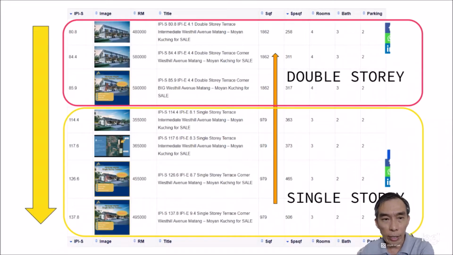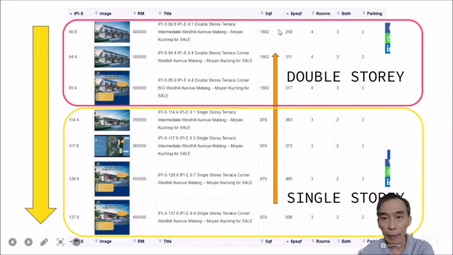As you can see, the IPI is listed from the smallest at the top, 80.8, to the higher IPI, 137.8. So the lower it comes, the higher the number, which denotes that the price or the cost per benefit is higher lower down the chart, and the higher up is the smaller IPI.